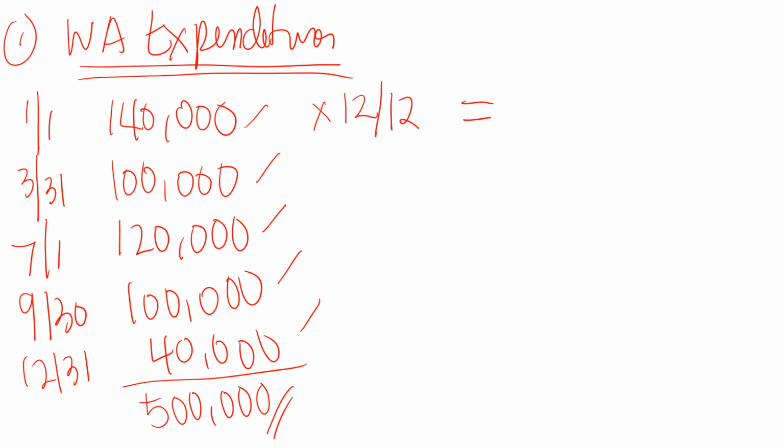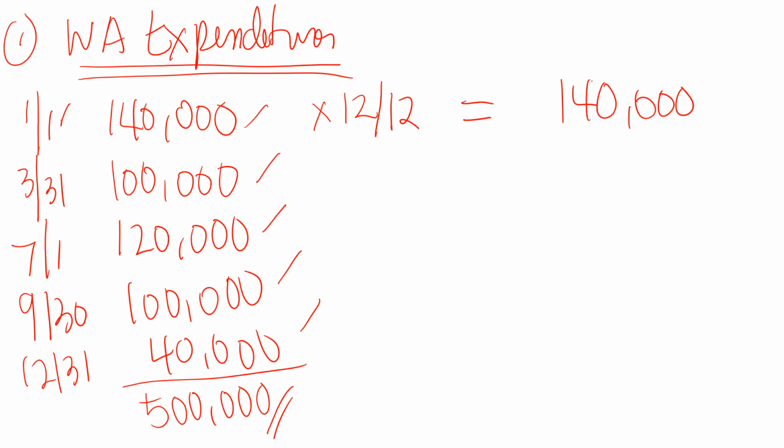So, lalabas, this is still 140,000. Para mas madali, yung 12/31 minus yung 1/1. So, 12 minus 1 is 11. 31 minus 1 is 30. So, 11 months and 30 days is 12 months.